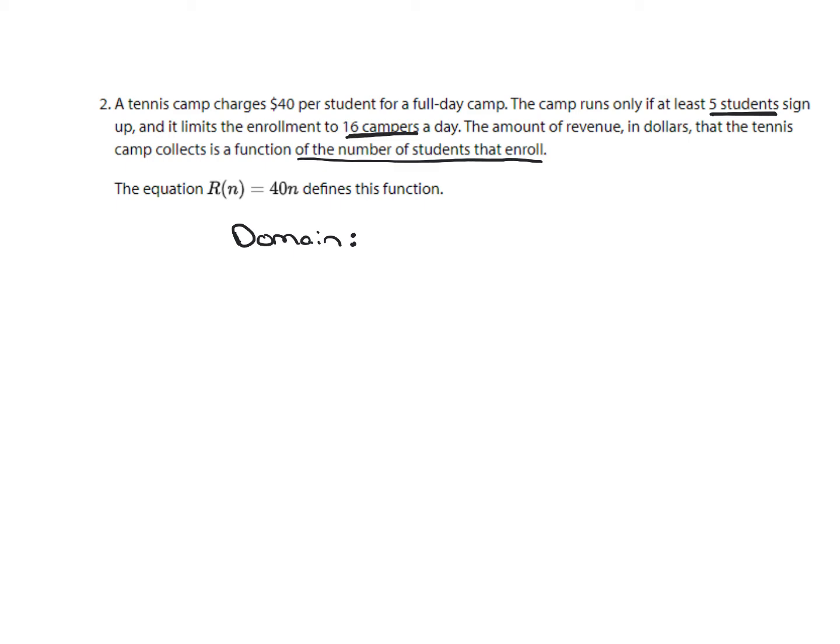So my domain is, let's say, whole numbers from 5 to 16. Okay, because I can't have fractions of students and I can't have decimals of students. And it can't be negative. It has to be whole numbers, and it's limited just to that range of numbers that fall between 5 and 16.